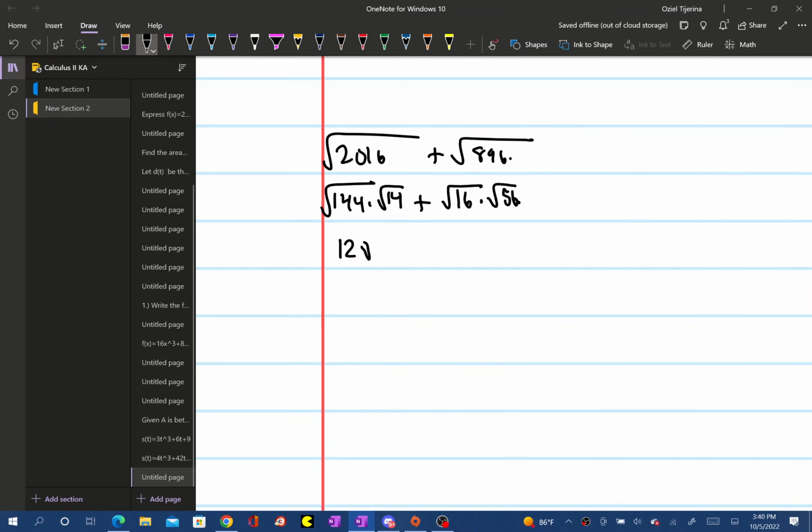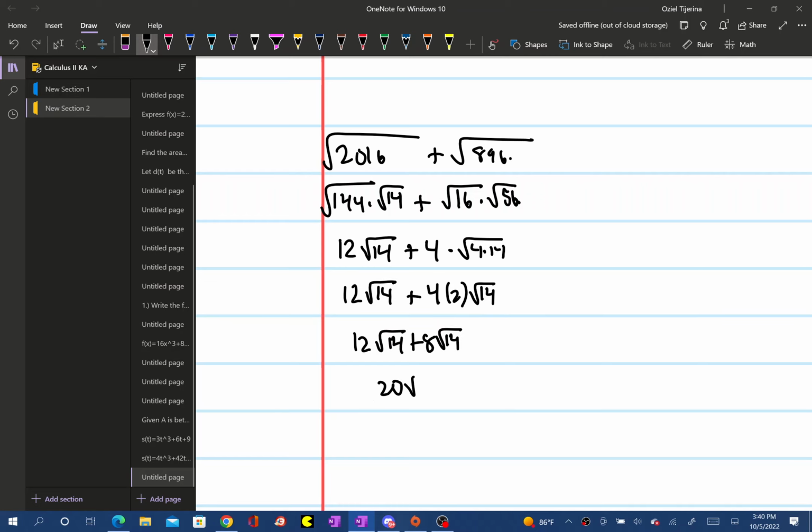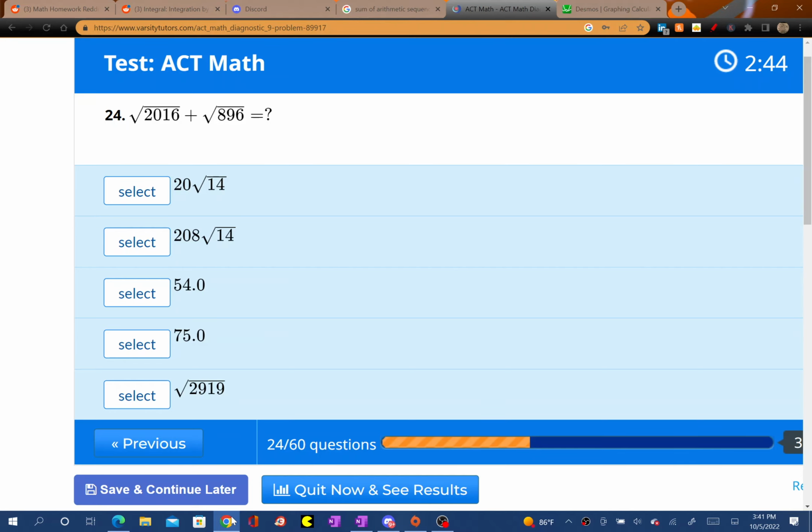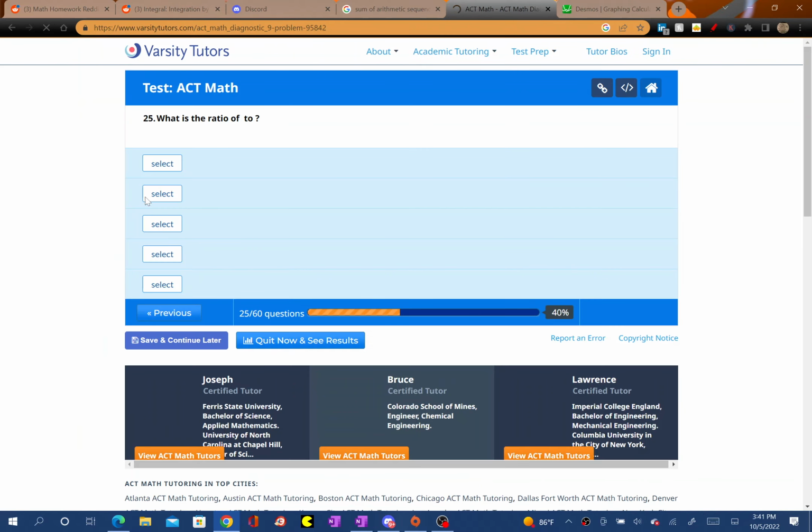This is 12 square root of 14 plus 4 times the square root of 4 times 14, which is 12 square root of 14 plus 4 times 2 square root of 14, which is 12 square root of 14 plus 8 square root of 14, which is 20 square root of 14. Okay, so that's what this is.